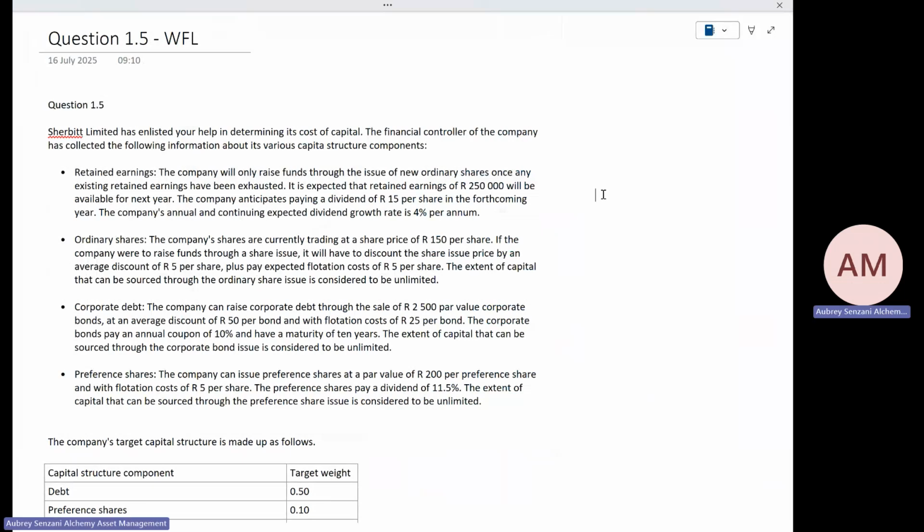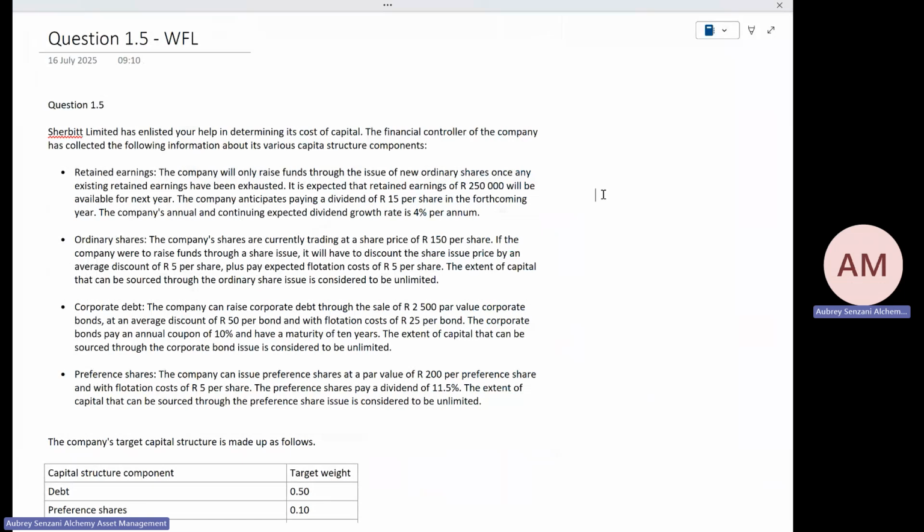Right. So under the required, they ask for quite a few things there from us. Firstly, they say calculate the cost of each source of capital funding. Okay, that's something we've been doing. Then secondly, it says calculate the break point associated with the company's financial situation. Okay, that we haven't done, but we discussed it in theory.